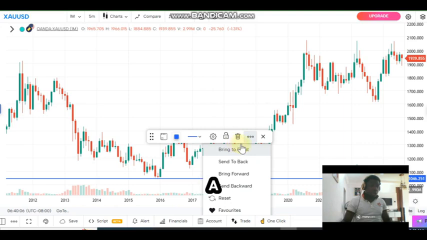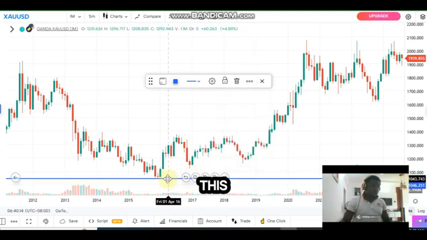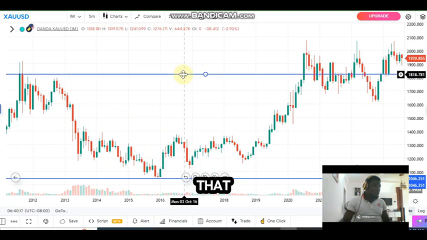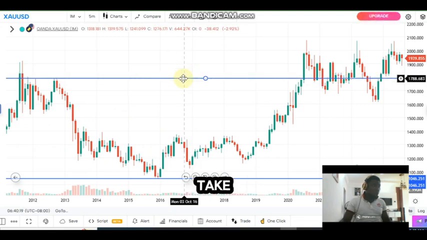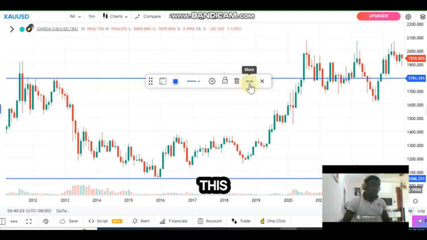Then let me clone this so that it becomes easier. Let's move it to another one. This place is also another key zone. This area is also another key zone.